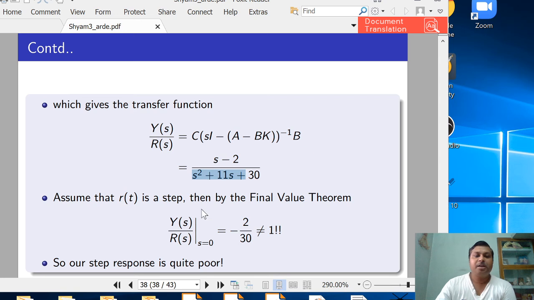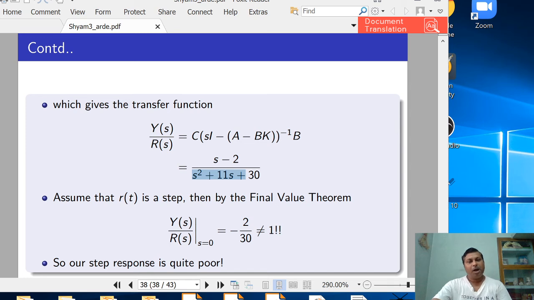It means the system is not going to track the step input, and some steady state error will definitely be there. So can you tell me when this ratio will be equal to 1? If we multiply with minus 15, then it is going to be equal to 1.